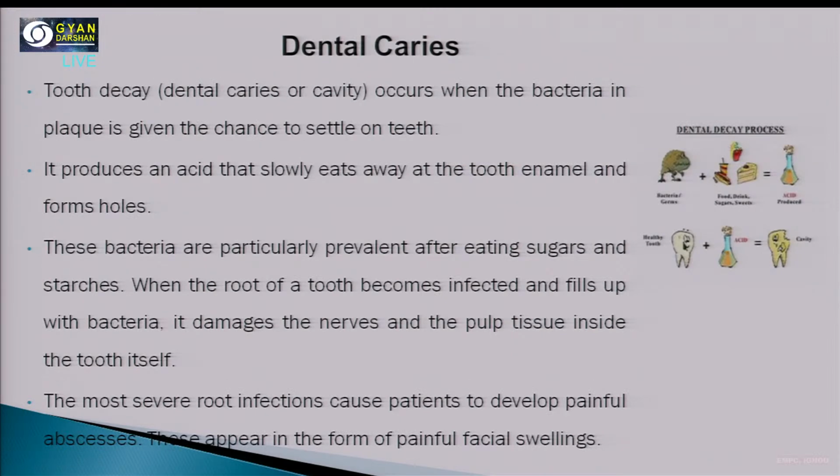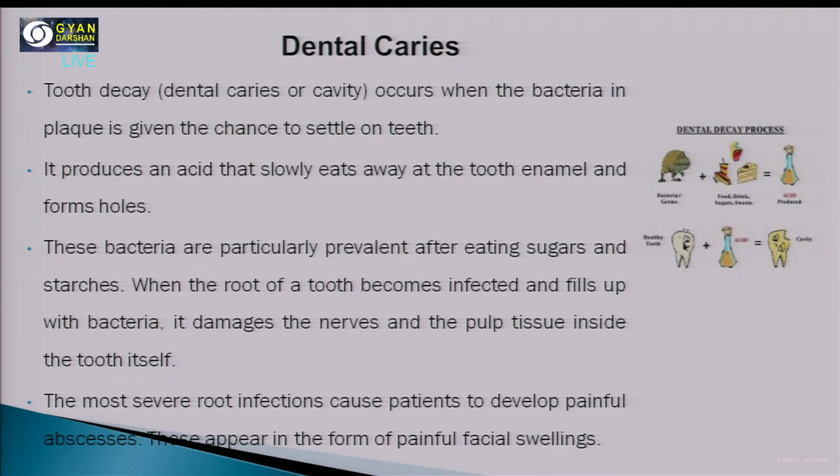Now, the first and foremost is dental caries, also known as tooth decay or cavity. When does this happen? We all have a layer of plaque. And what is plaque? It's the thin layer of food particles mixed with bacteria and some saliva, which gets accumulated on our teeth.